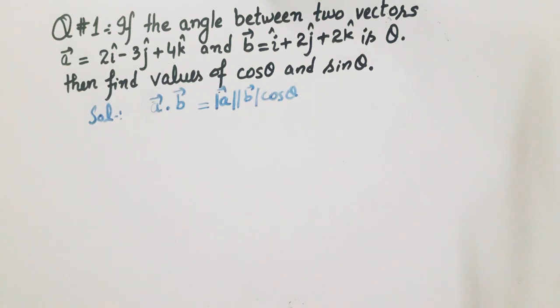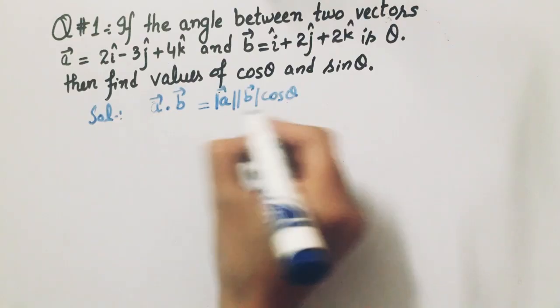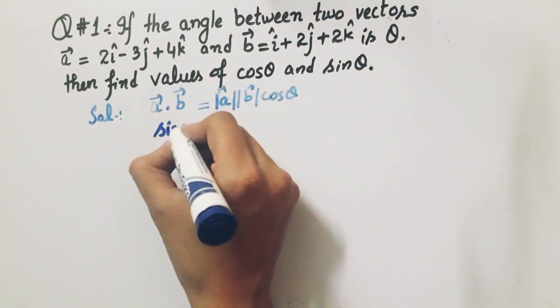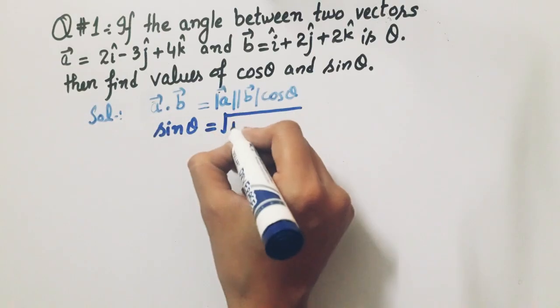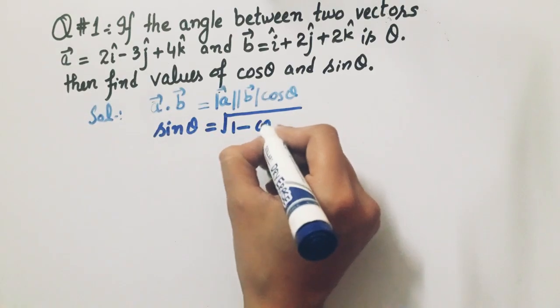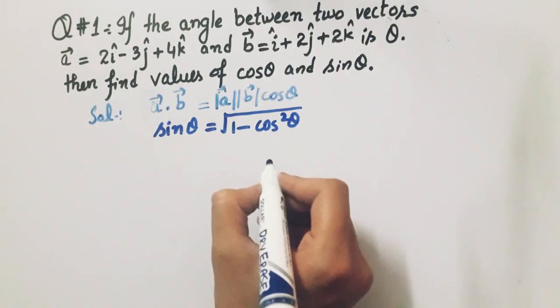This is the first formula, used for finding cos theta. Now we also have to find sin theta. So sin theta is equal to the square root of 1 minus cos square theta. So we will use these two formulas.